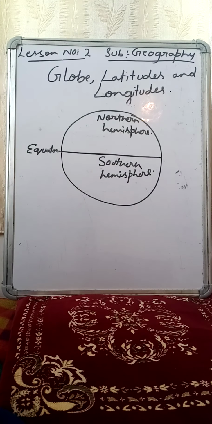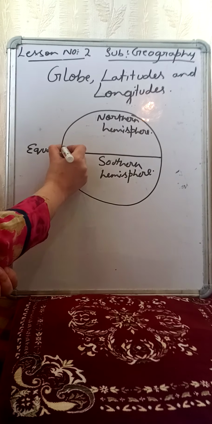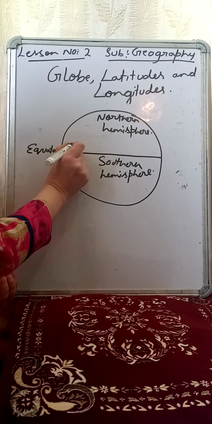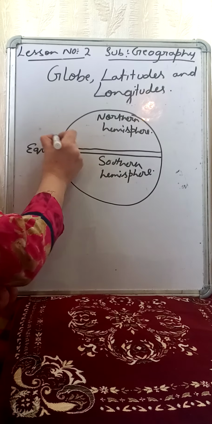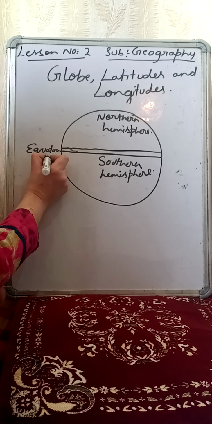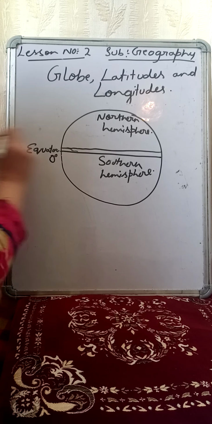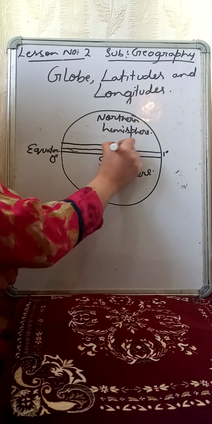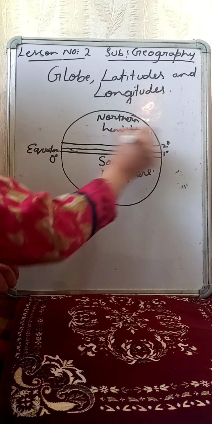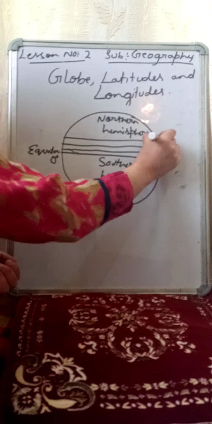So, we do not have only the equator, we have other imaginary lines also. In the northern hemisphere, we have lines drawn like this. Equator is treated as 0 degrees. This line is known as 1 degree. This line is known as 2 degrees. This line is known as 3 degrees.